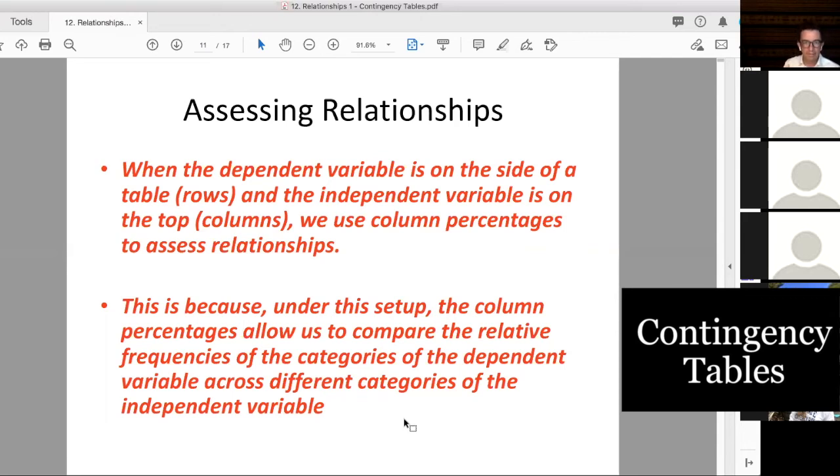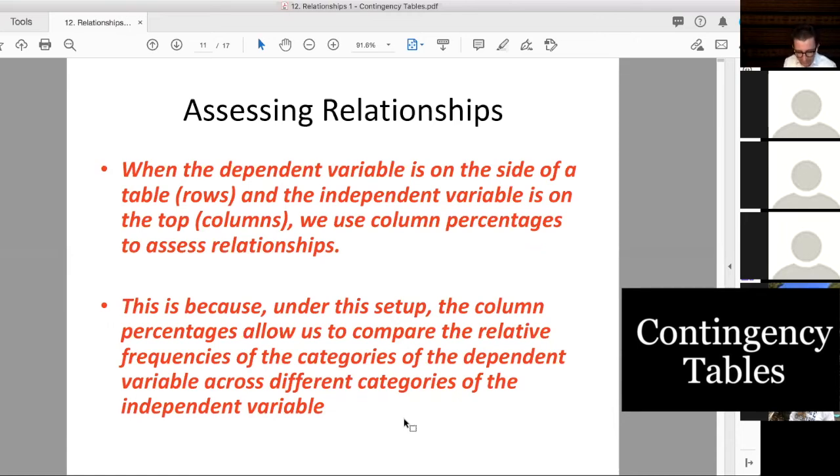So when the independent is on the columns and the dependent is on the rows, we are going to ask for percent of column to assess relationships. And this is because under this setup, the column percentages will represent the relative frequencies of the categories of the dependent variable across different categories of the independent variable. And that's exactly what we want to do.